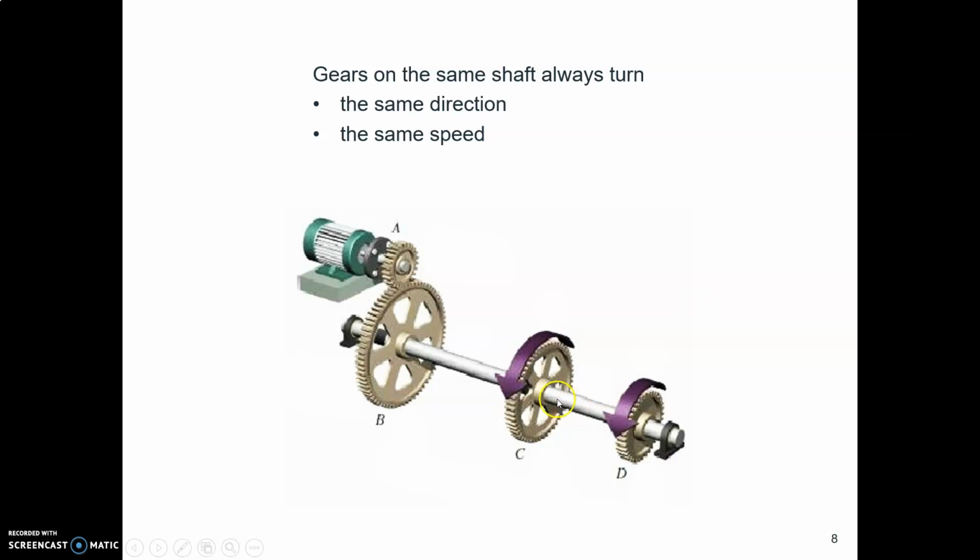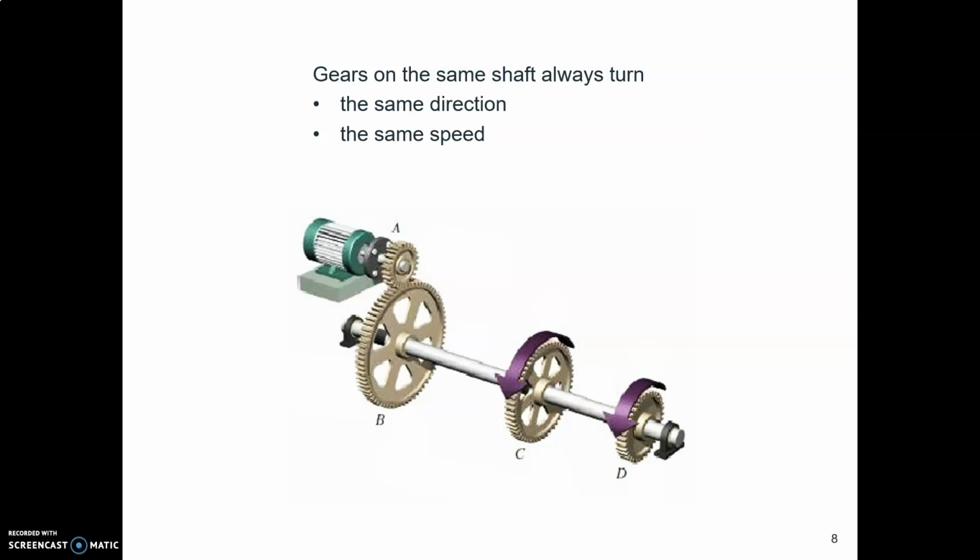And if you visualize these gears that are on the same shaft, visualize this shaft turning around, and it's taking these gears with it. If gears are on the same shaft, they have to turn the same direction, and they all have to turn the same speed because they're turning with that shaft.